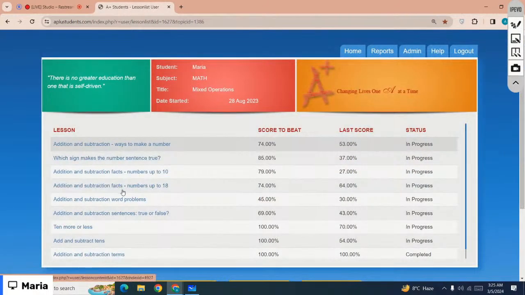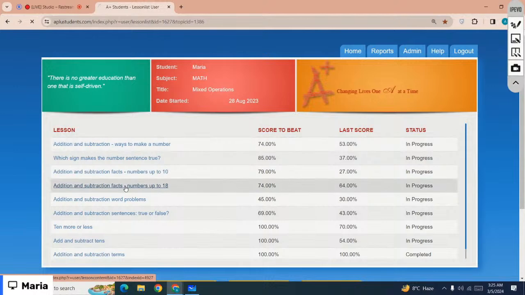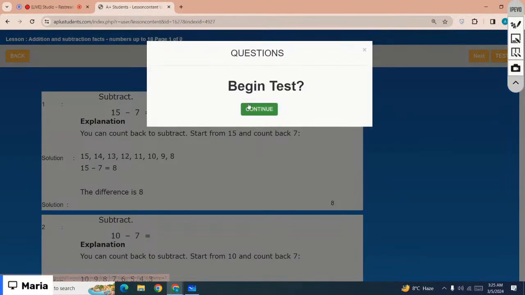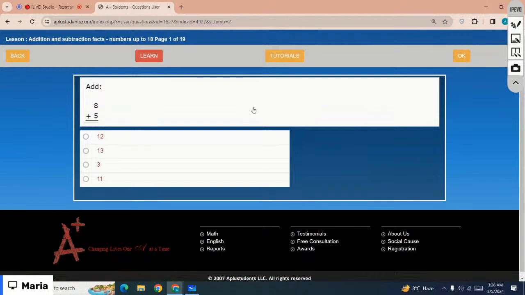The next one is add and subtraction facts, numbers up to 18. That's exactly the same one we just did. So let's just start with the test question. Okay, the first one is 8 plus 5. So which is the correct option?